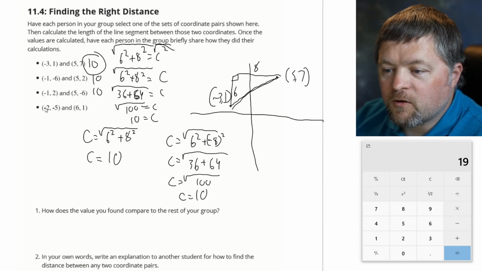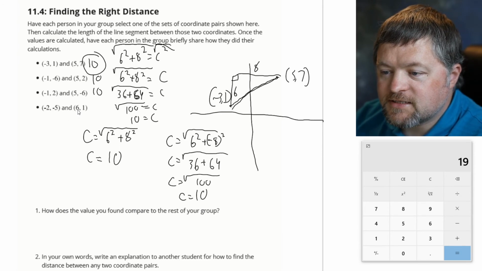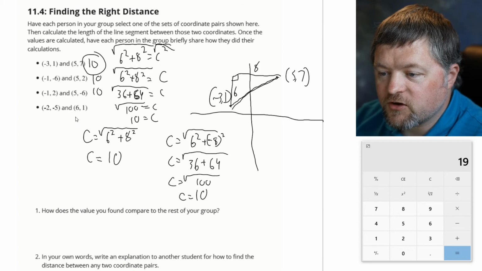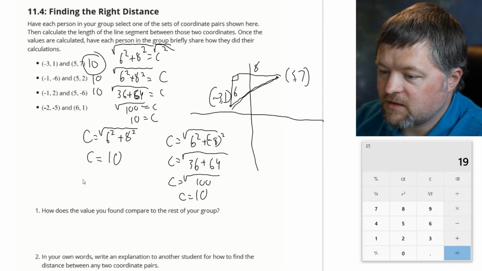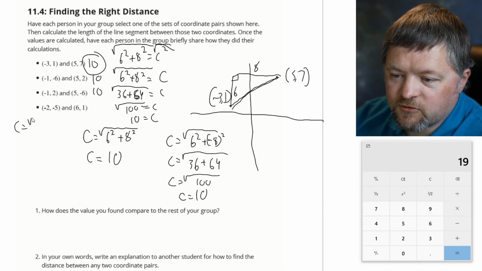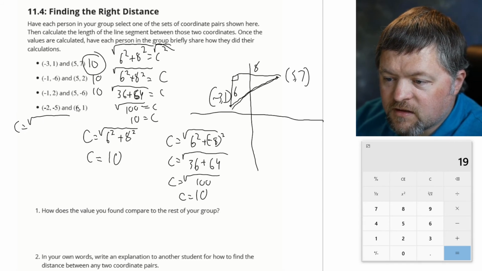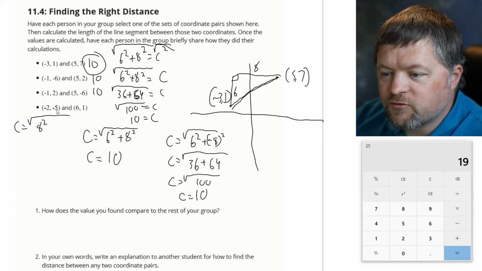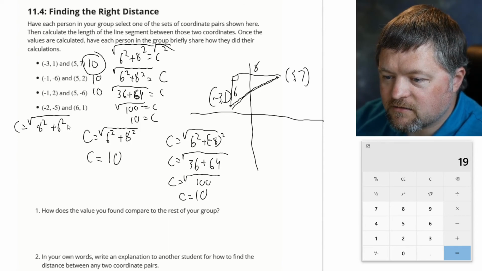We've got one more here. 6 subtract negative 2. This one might be different. Let's check. C is equal to the square root of 6 subtract negative 2. That's 8. 1 subtract negative 5. Well, that's 6.